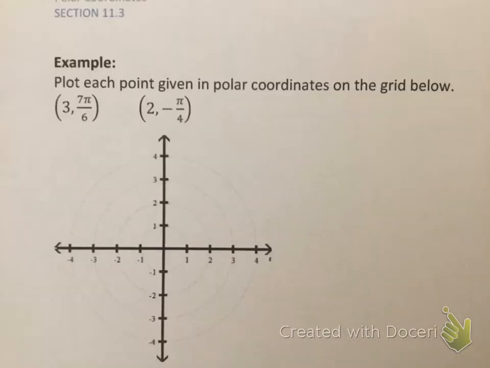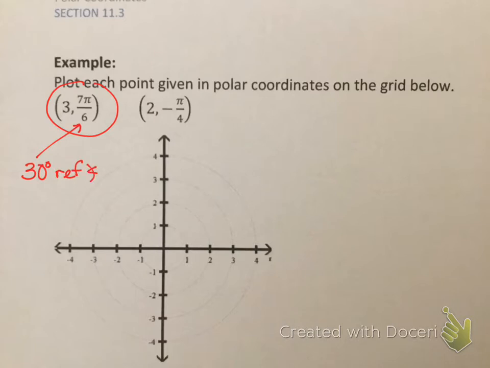So let's actually graph. These concentric circles that you see on the graph below are very, very lightly shaded, and there are no angle measures sketched in for you like spokes on a wheel. So let's first plot the polar coordinates 3, 7 pi over 6. Because this is a 6 in the denominator, I know that this is a 30-degree reference angle.